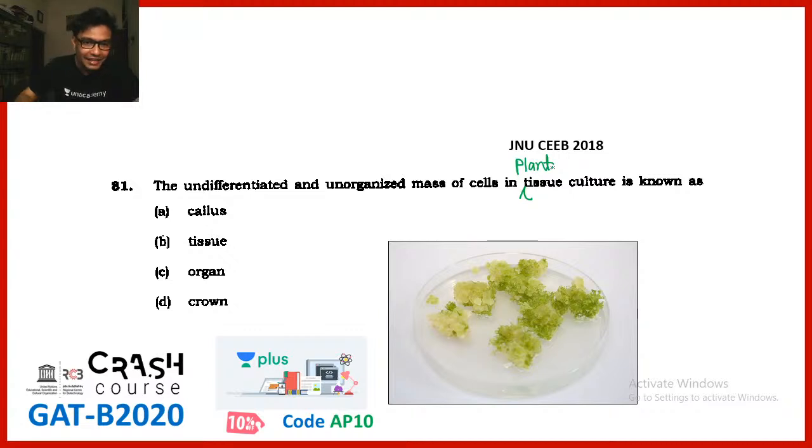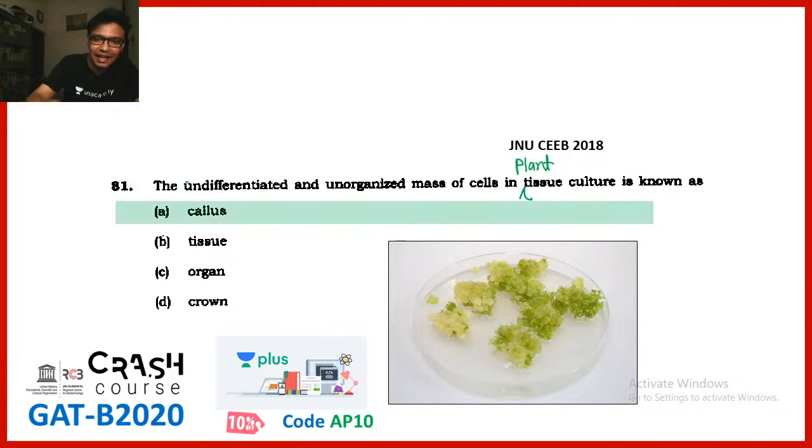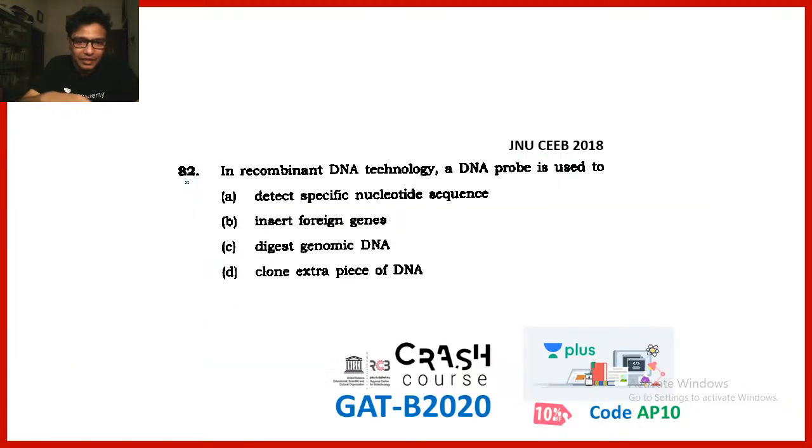I mean, this was a bit of a mistake for me because I thought that I would show you a callus culture, what a callus culture looks like, and I put it without animating it. So anyway, everybody got it. So yeah, moving on to the next one.